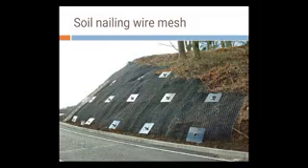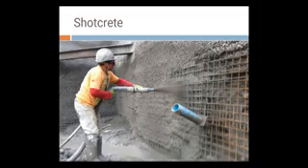Here it is, soil nailing wire mesh. This is the wire mesh, that is the nailing, you can see over there. These are inclined to the vertical faces. Here it is, that is called shotcrete. By forcefully placing the concrete from the nozzle, whatever the rounded portion is there, that is the nailing.